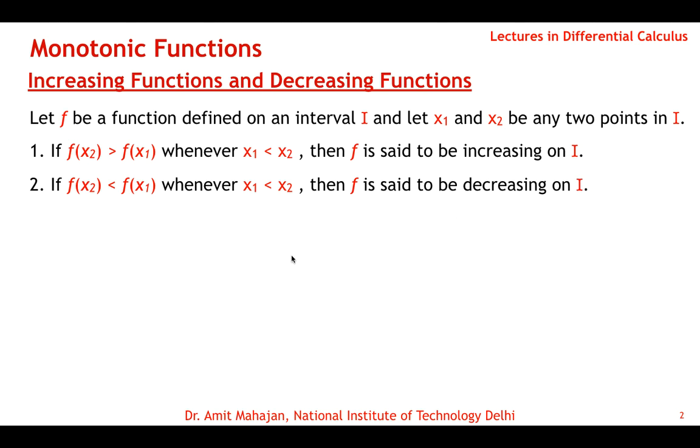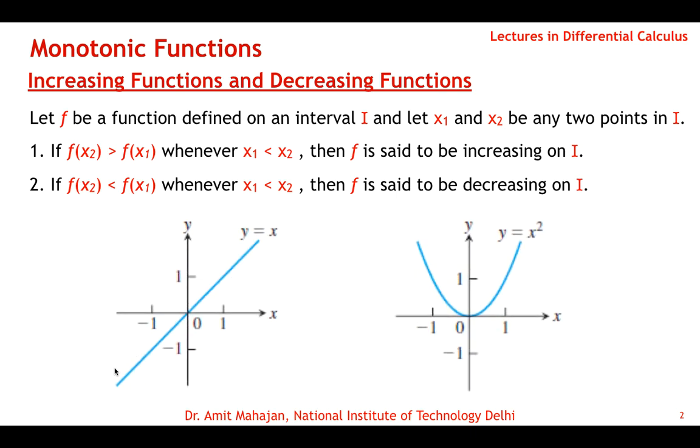So for example, if we talk about this curve y equals x, and if I take any 2 points, say x1 and x2, then the corresponding function values f(x1) and f(x2). If x2 is greater than x1 and the function value at x2 is greater than f(x1), then we say that the function is increasing in that interval, if this is true for every pair of points x1, x2 of the interval in which the function is defined.